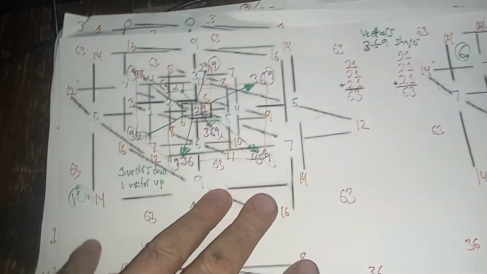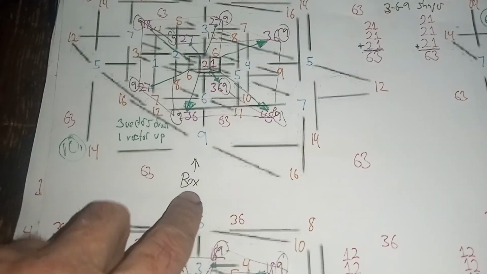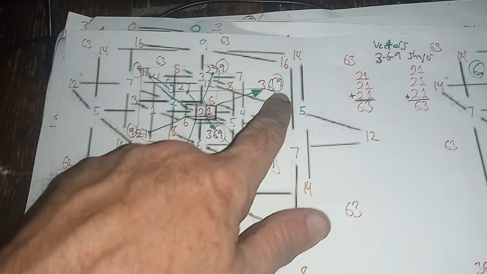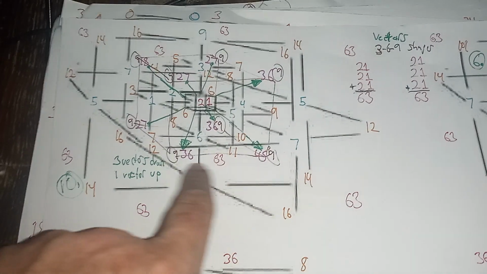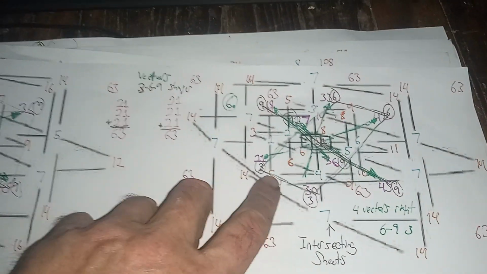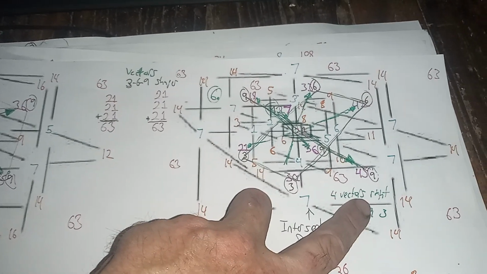And I'll put a list in the description of all the different types of vectors and all the different types of 369 shapes. Like this is a box because it's numerologically reduced to 9 at every corner, so it's a box. Now this is a vector, 4 vectors to the right.